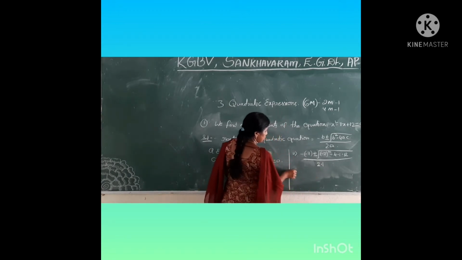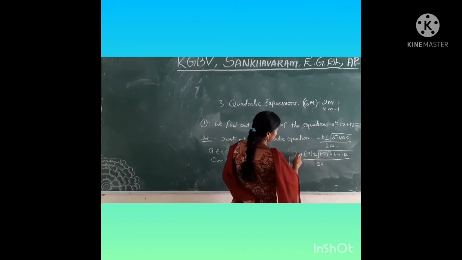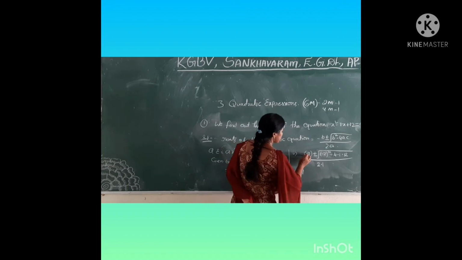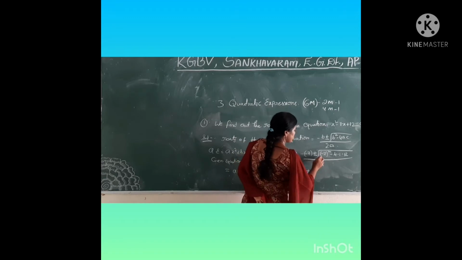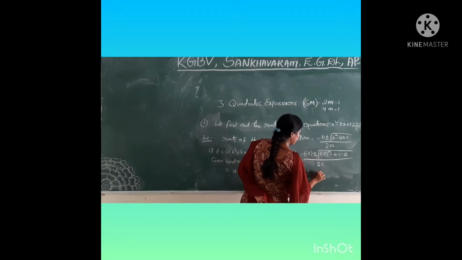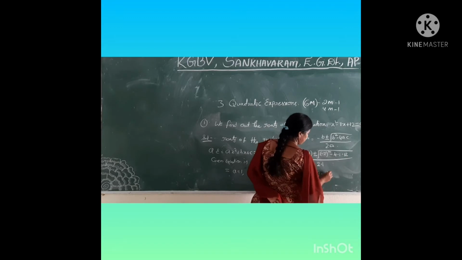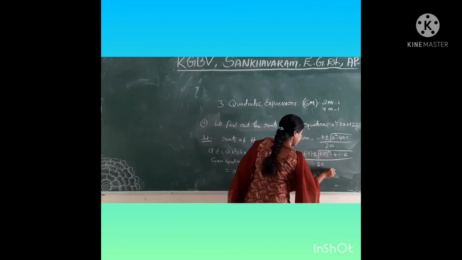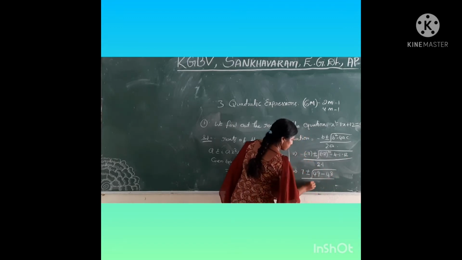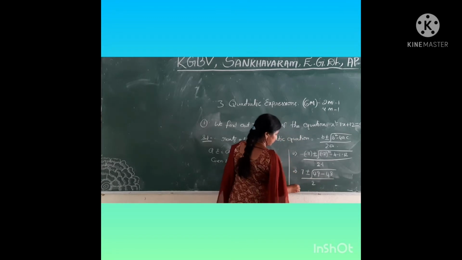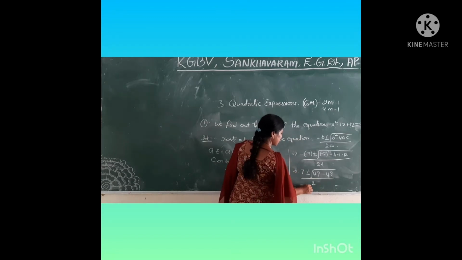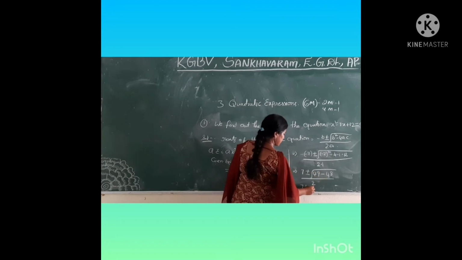Okay, now simplify this: 7 plus or minus the root of 7 square, which is 49, minus 4 into 1 is 4, and 4 into 12 is 48, by 2 into 1 is 2. So 7 plus or minus the root of 49 minus 48, which is 1, by 2.